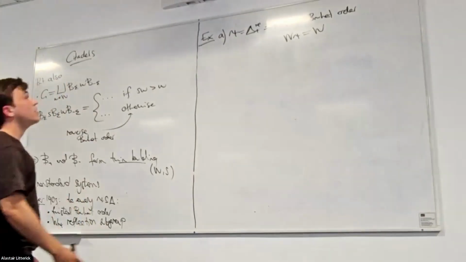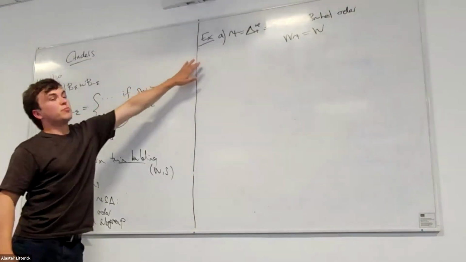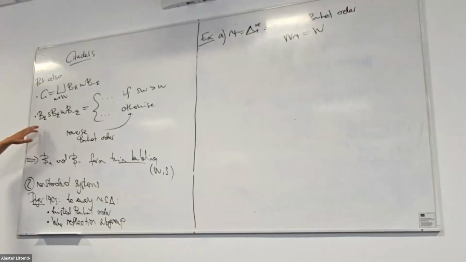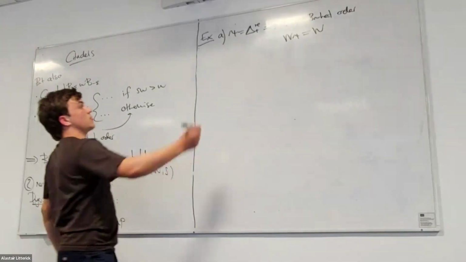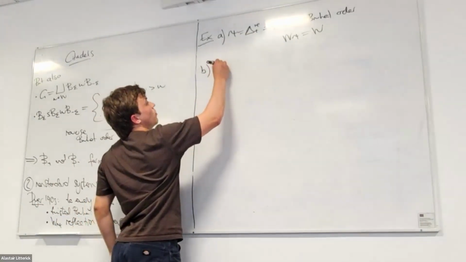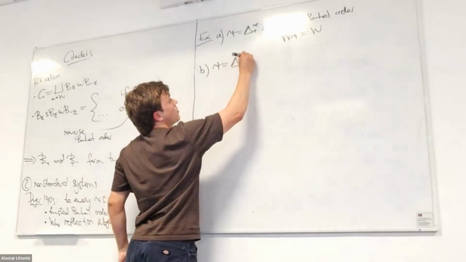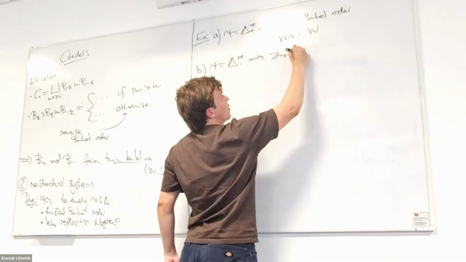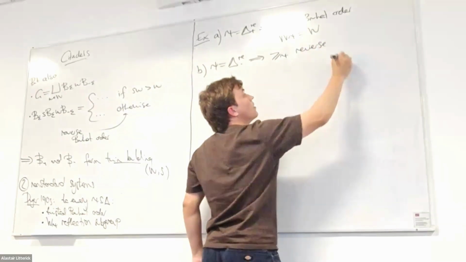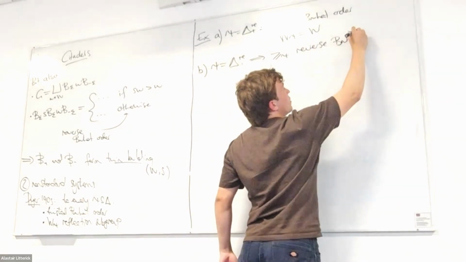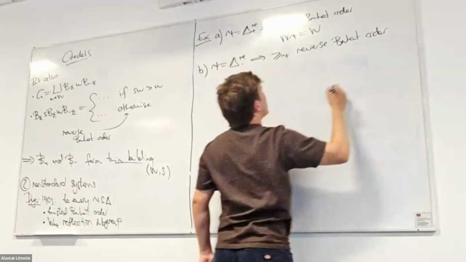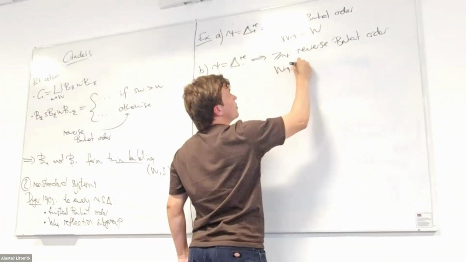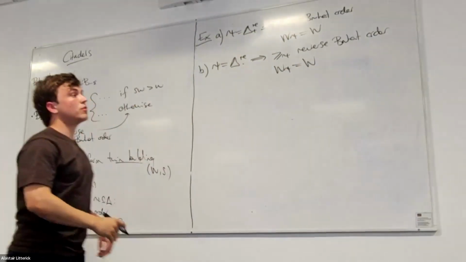Okay, well, great, that tells us about our first building, but what about the twin building, when you introduce the negative system? So what if psi is the negative one? Well, now the twisted order is the reverse Bruhat order. And you might be able to start seeing the pattern there. And the reflection subgroup is just the whole group.